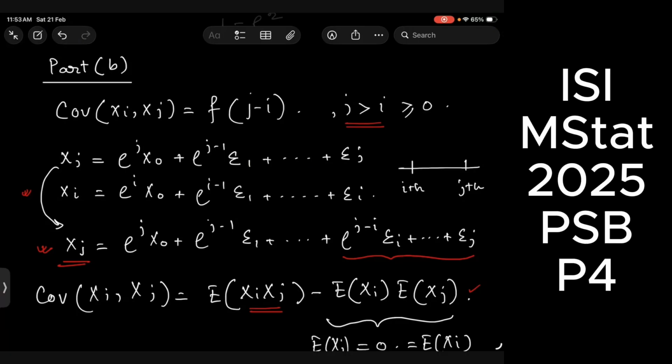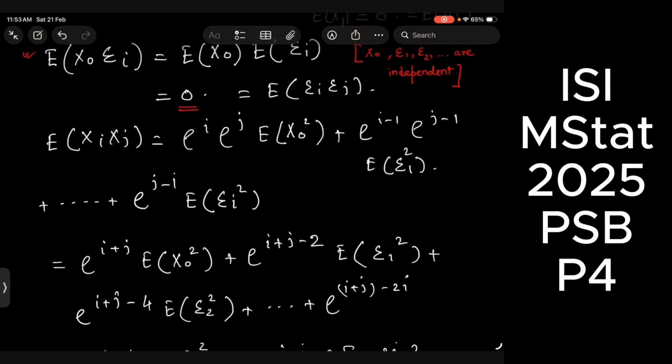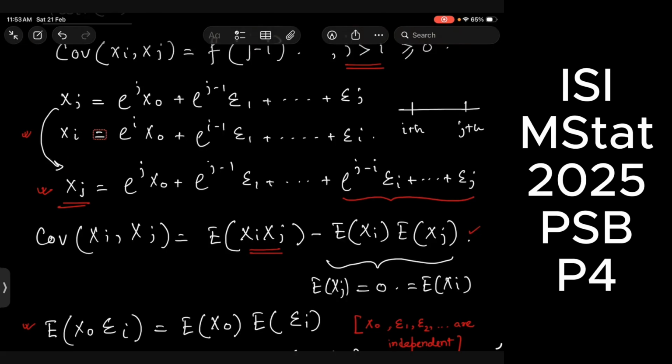So x naught square, rho to the power i and rho to the power j, correct? Then we only get x naught square. Otherwise, what will happen? Tell me.